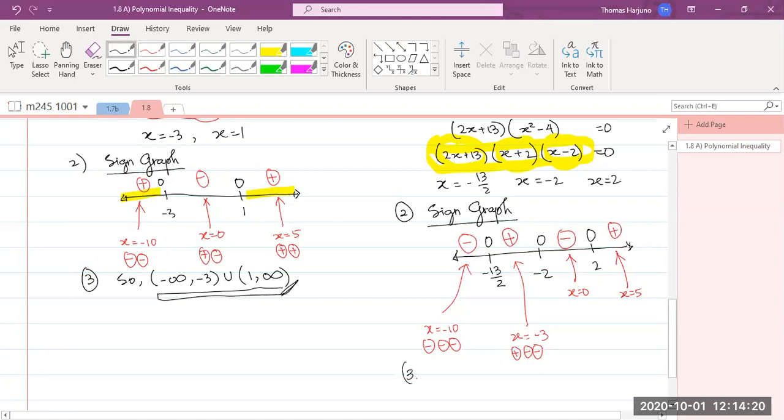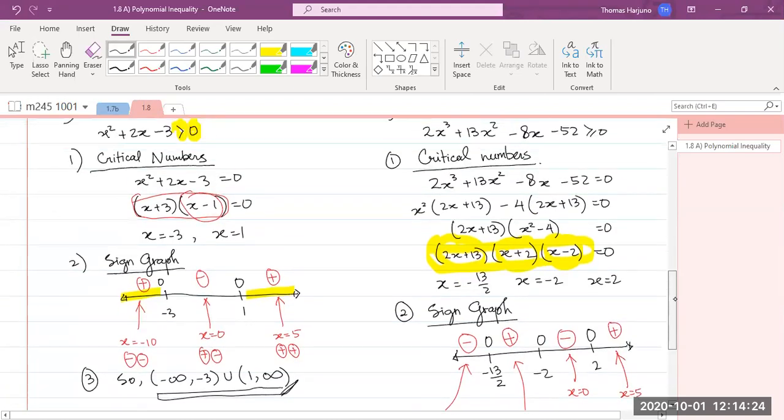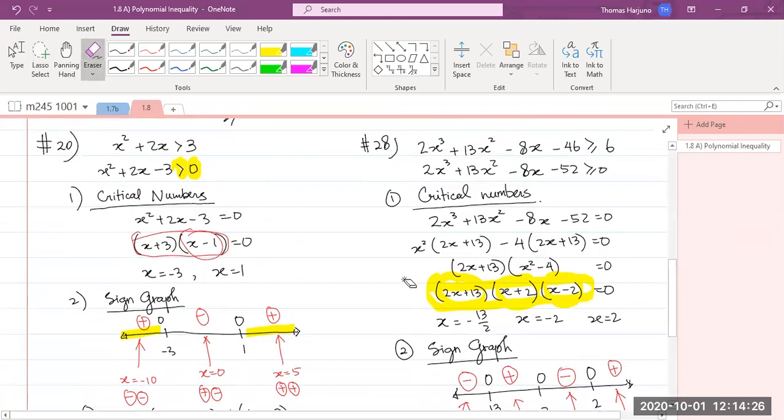Step 3, the summary. So what do we need? Do we need positive or negative? We need greater than 0. In fact, greater than or equal to 0.